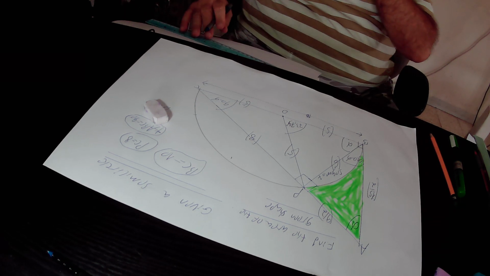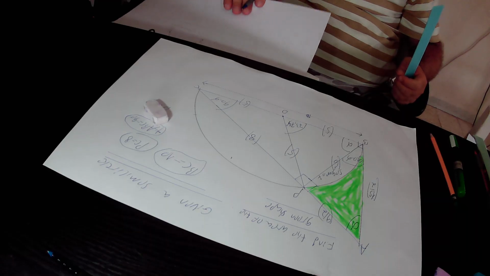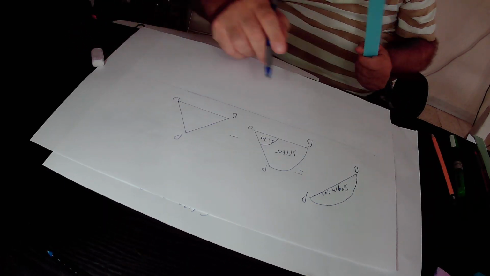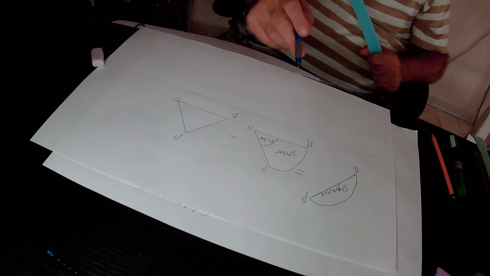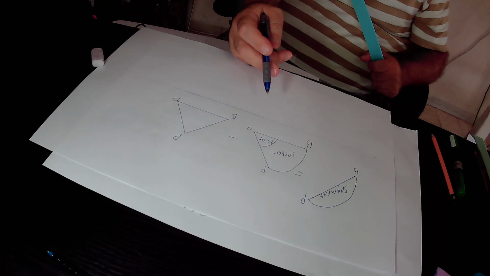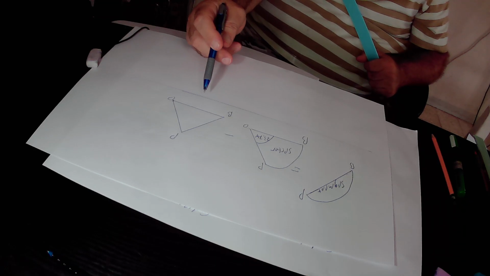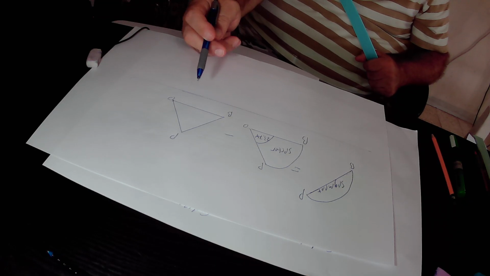So again from the drawing, the area of segment BP is equal to the area of sector BOP minus the area of this triangle BOP.